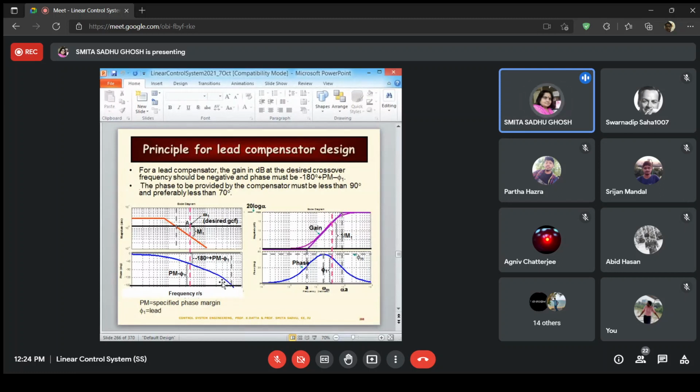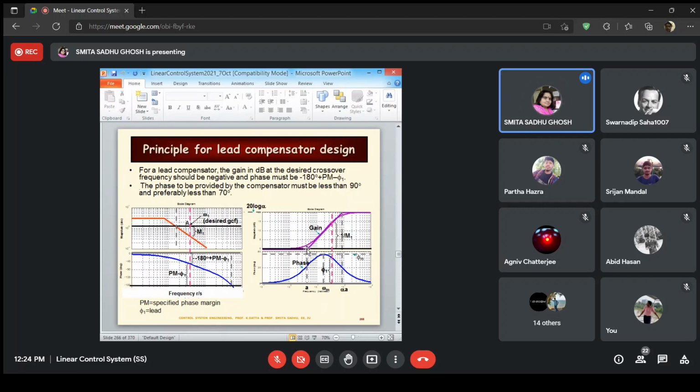Because I scan this and see that here the difference with minus 180 degrees is 25 degrees. So now I choose this as my gain crossover frequency. Why did I do that? Because I've already got 25 degrees from the uncompensated system as my phase margin.